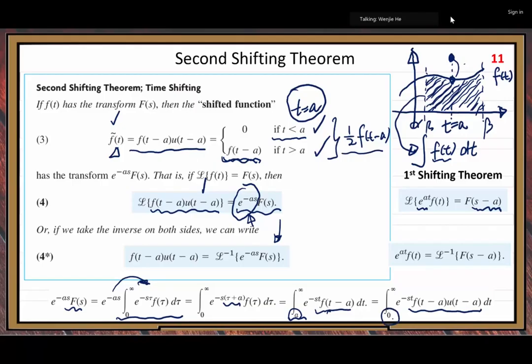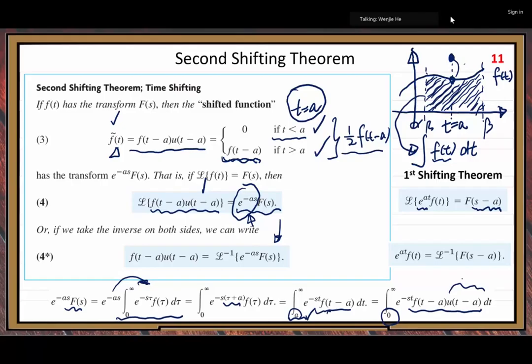You may ask why we want to change the lower limit, because we want to apply the Laplace transform, right? In the definition of the Laplace transform, the lower limit must be 0. So we want to move this lower limit A to 0. But if you do that, you need to multiply that U function.